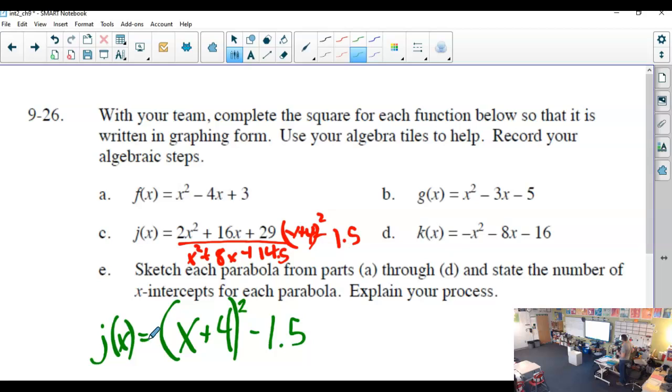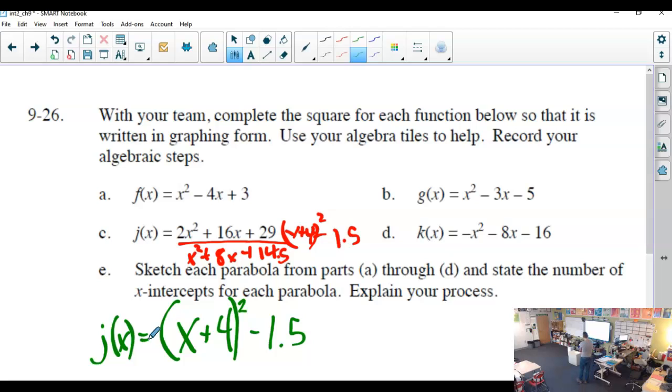You have to put a 2. Do we have to put the 2 back? Crap, so how do we fix that? What if we put the 2 in front of the x plus 4?